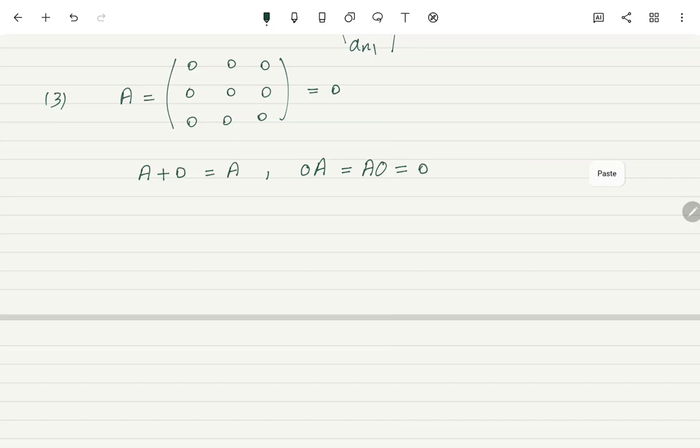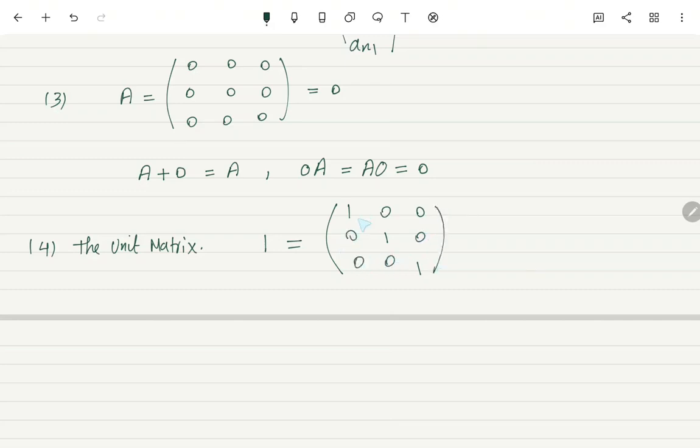There is also the unit matrix. From its name, the unit matrix is equal to 1: only the diagonal elements equal ones and the rest of the matrix equals zeros.